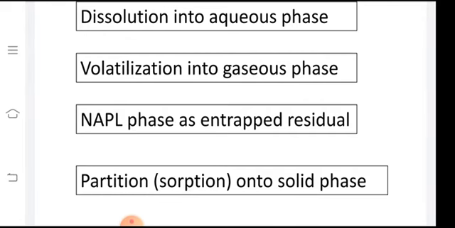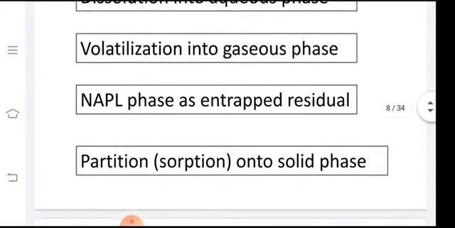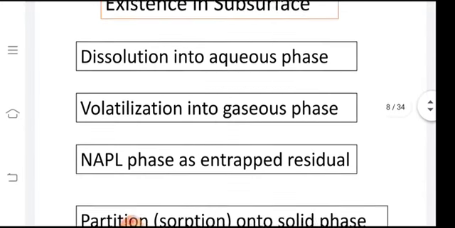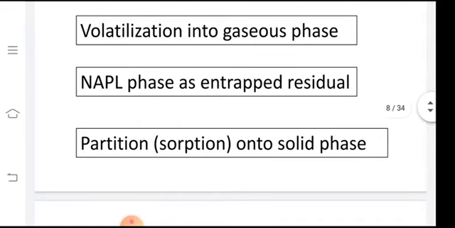Now this gaseous phase will again be in the pores, because the pores have water as well as gas or air. Existence in subsurface can also lead to the NAPL phase as entrapped residual.